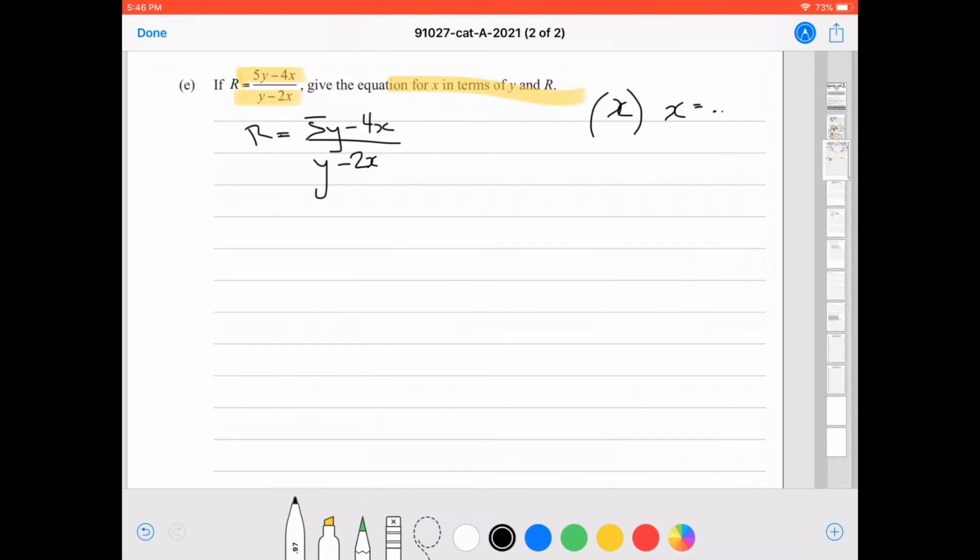For our first step, we can multiply by y minus 2x on both sides. You should always look and see if there's any factorizing that can be done, especially at the fraction here, but there isn't. So let's multiply by y minus 2x on both sides. So we've got r times y minus 2x, and it equals simply 5y minus 4x, because the y minus 2x cancels out.